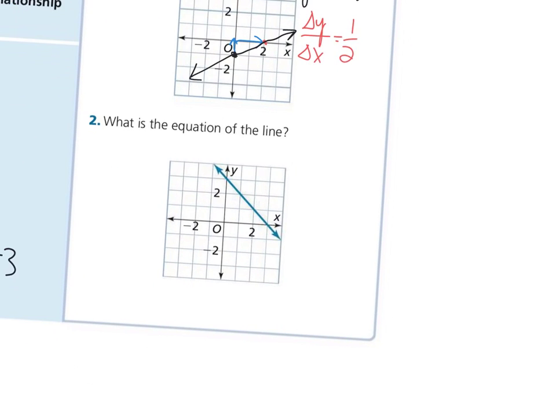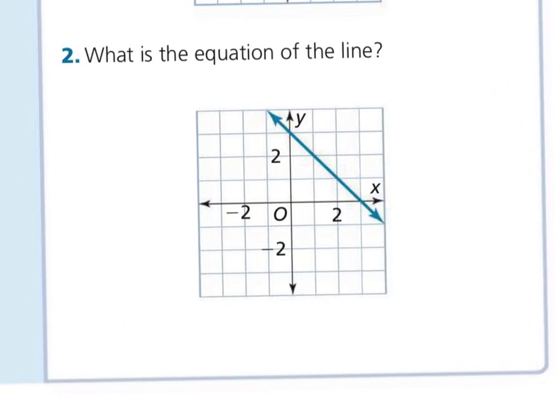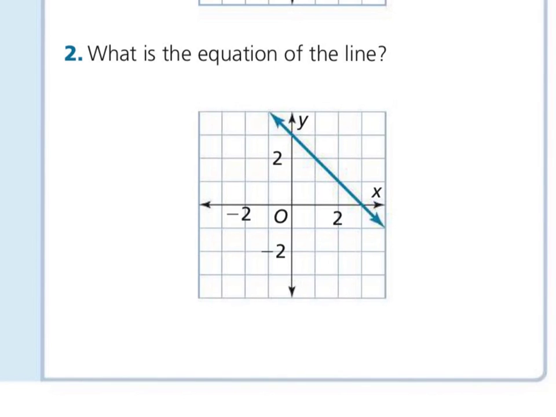Number 2 is kind of backwards. This time they've given us the graph and they're asking what the equation is. In order to come up with the equation, we need two components: the slope and the y-intercept. The easiest one to look at is the y-intercept. So the y-intercept is 3. And then the question is, what is our slope? Find another point besides your y-intercept.